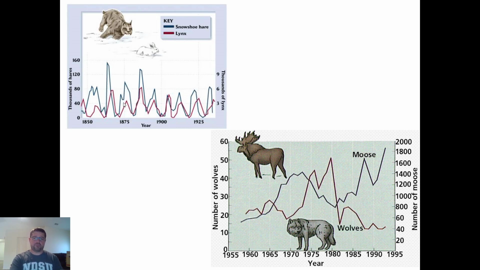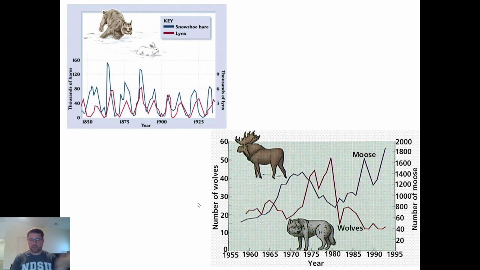Okay. Other times you have other factors that are going on. So, for example, this is also a fairly classic example. This is wolves and moose, and this is on an island a little ways away from Michigan called Isle Royale, and there's been moose there for a while.